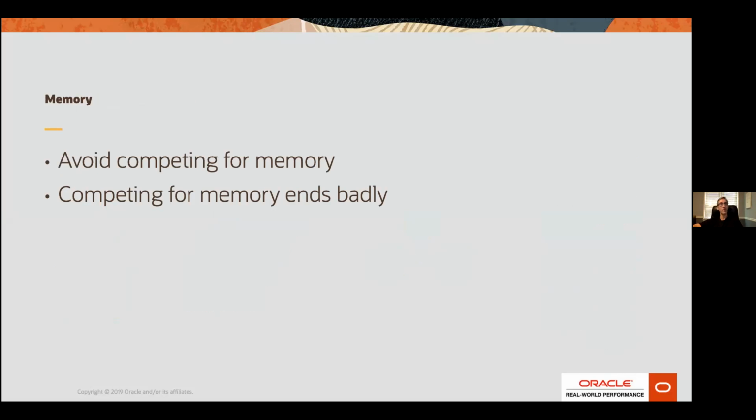So first is memory. Plain and simple, we just need to avoid competing for memory. You absolutely have to have enough memory available for your workload, your user sessions, for your database to run properly. If you don't have enough memory, you're going to start swapping to disk and have large performance problems around that. So first thing is we just need to make sure that we have enough memory and allocate it appropriately so we're not competing there.